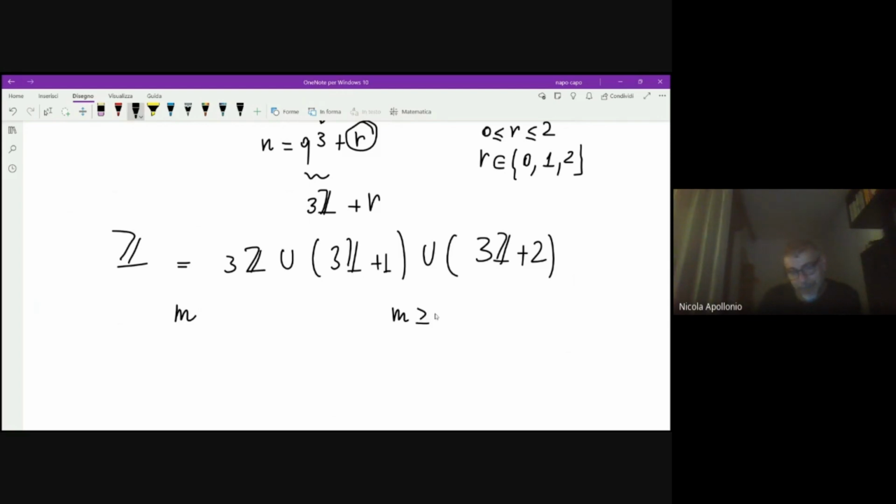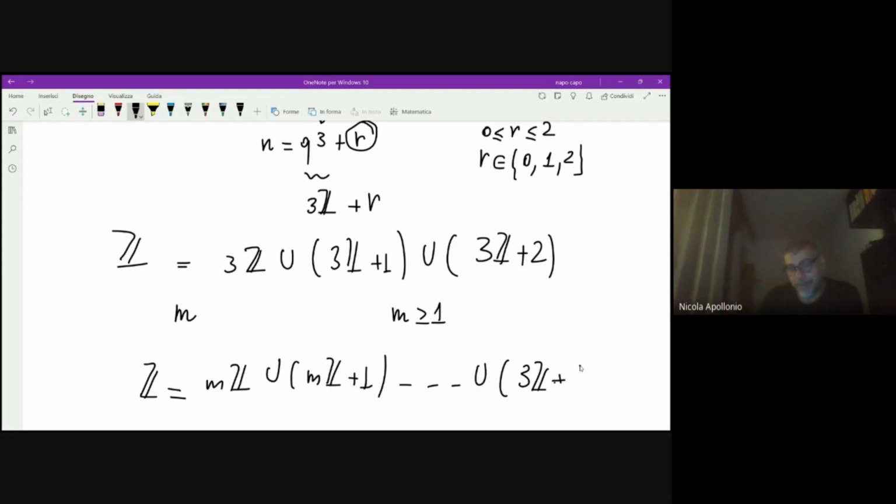We assume that m is a positive natural number. But if you pick any positive natural number, then you can always write Z as mZ union mZ plus 1 union, and the last one is mZ plus m minus 1.